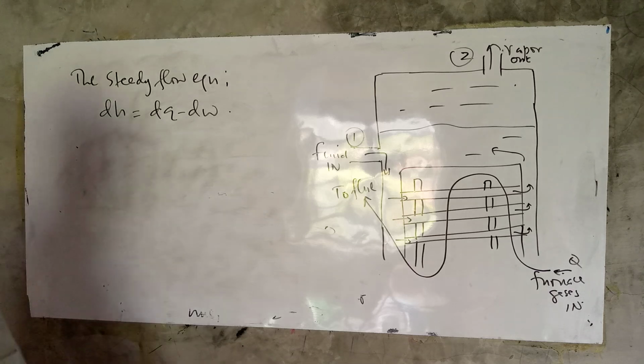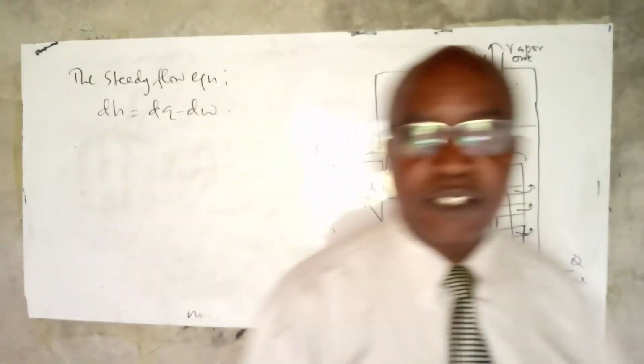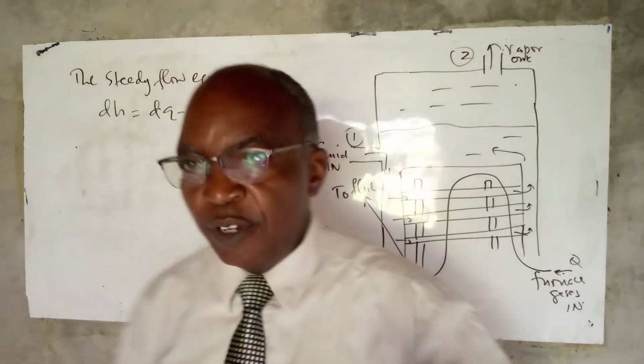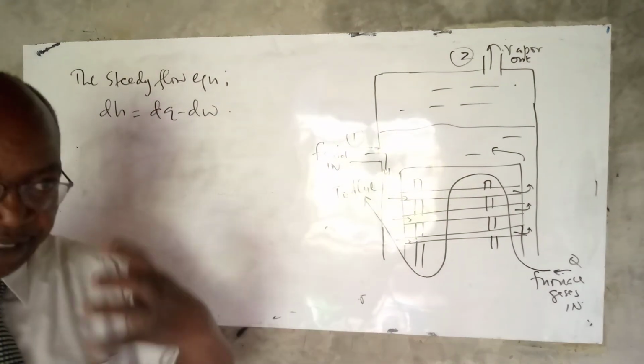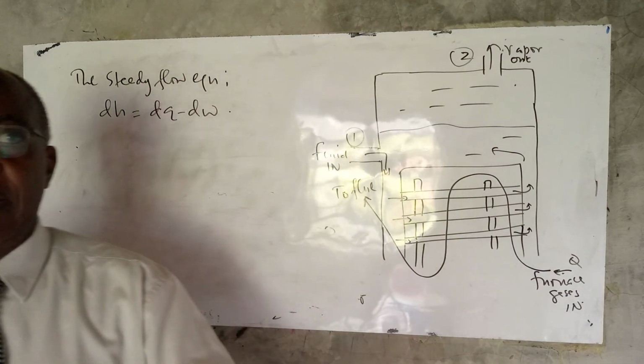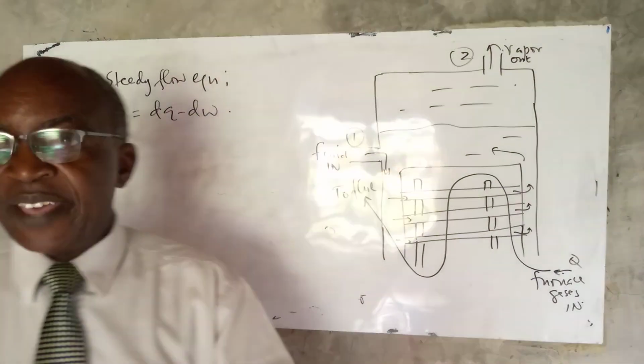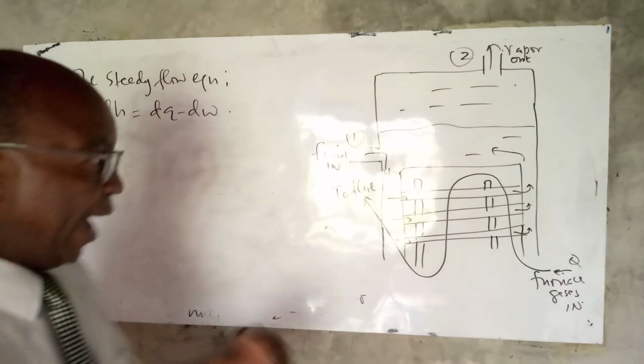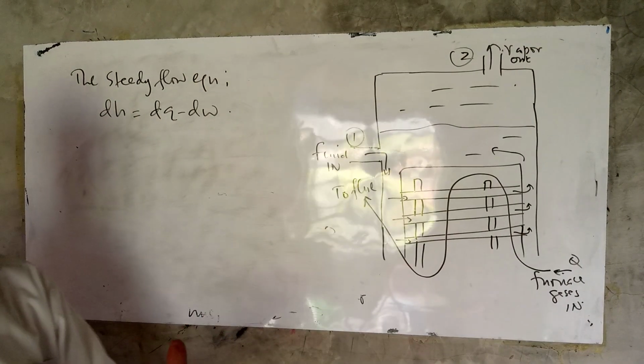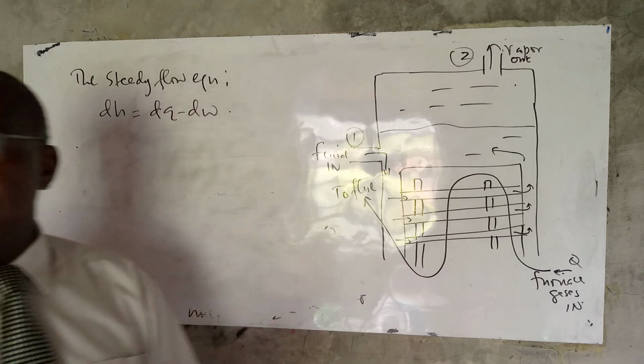But it's also important to take cognizance of the fact that when this fluid flows through this particular system, the fluid is not doing work, neither is work being done on the fluid. And therefore the work in that particular system is 0.